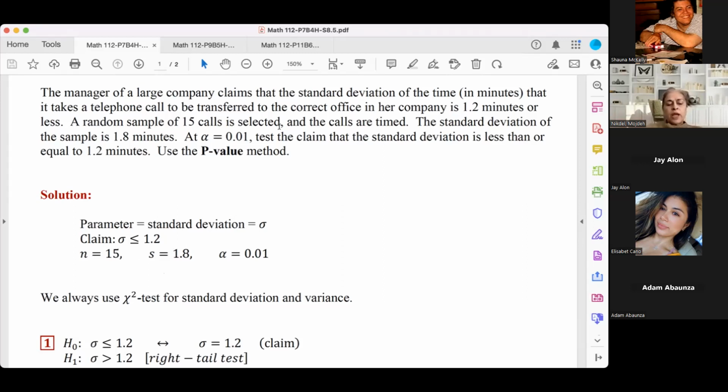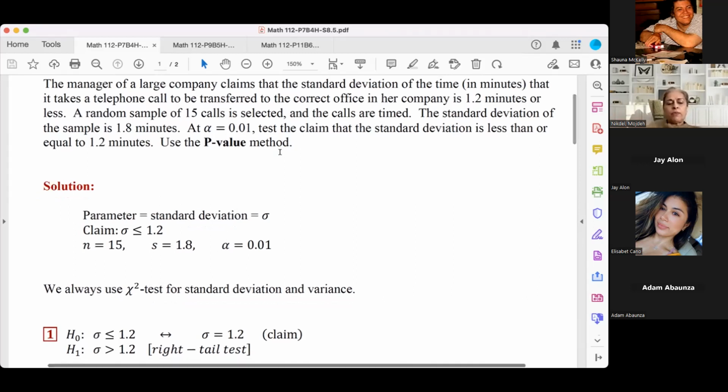Now, they're asking us to use the p-value method. For the p-value method, the second step of hypothesis testing is calculating a test value. And by the way, I put the step numbers inside a box.